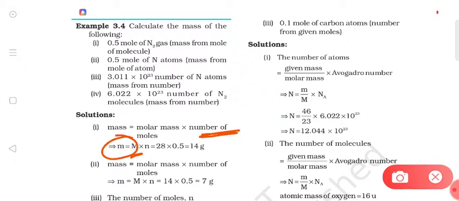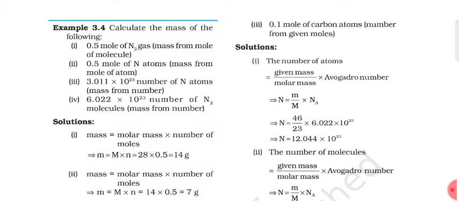We have 0.5 moles of nitrogen gas, and each mole has 28 gram mass, so the total becomes 14 gram. So if we have half a mole of nitrogen gas, that means we have 14 gram of nitrogen gas.